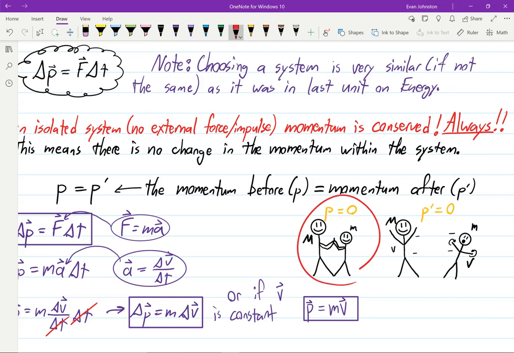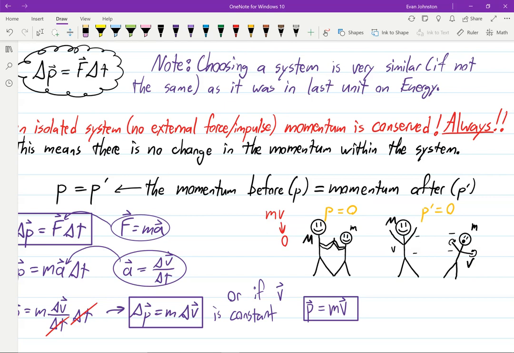In the beginning, you both are just standing still at rest, but you're pushing against each other. In the moment, you're acting with a force, but your momentum, your mass times your speed, of both of you, if the system is both of you, is 0. The combined amount of you two is not moving to the left, it's not moving right, so this velocity is 0, so the whole momentum is 0, right?